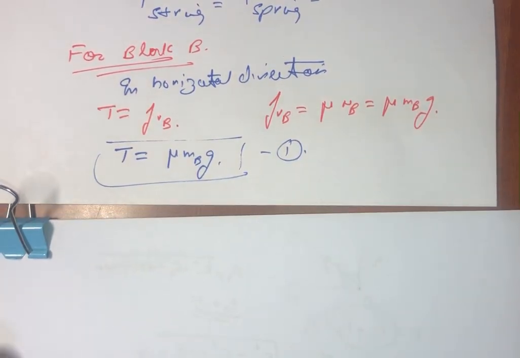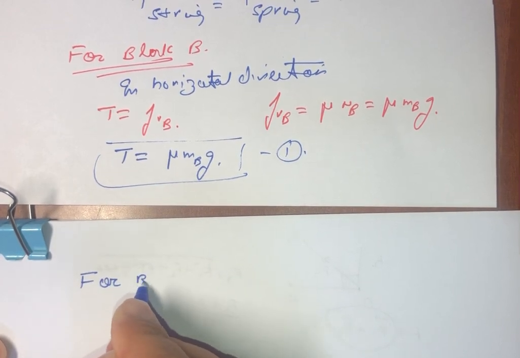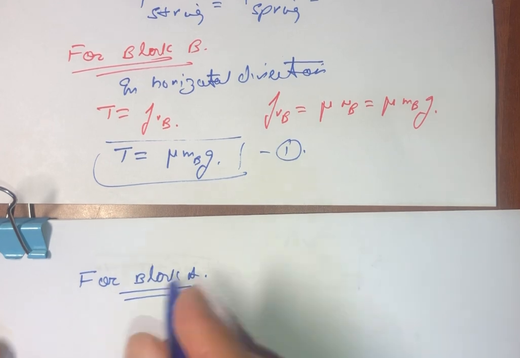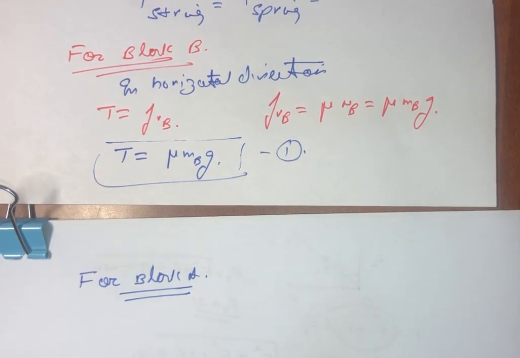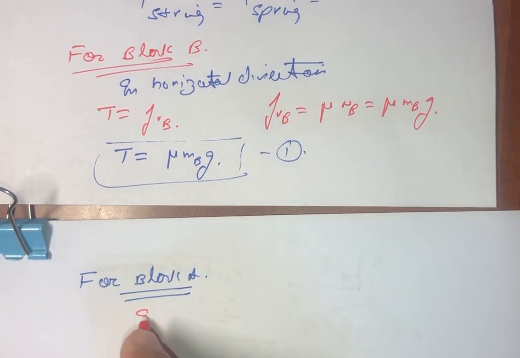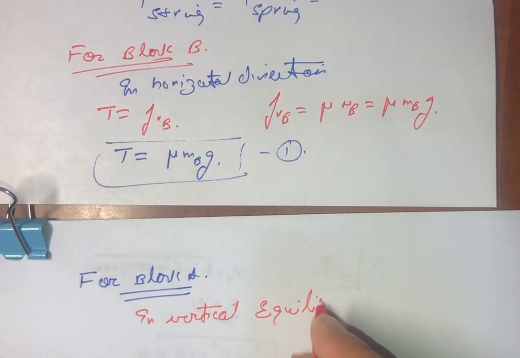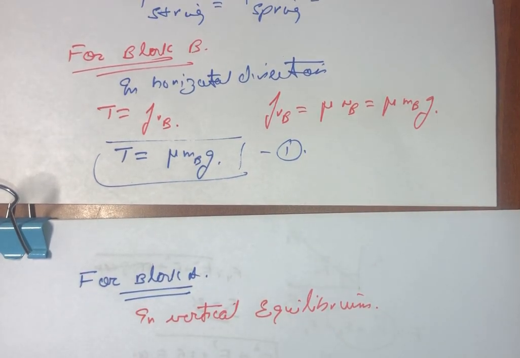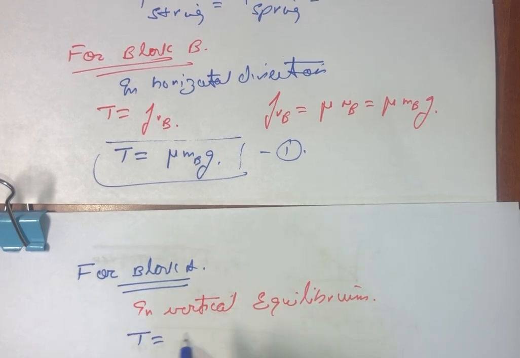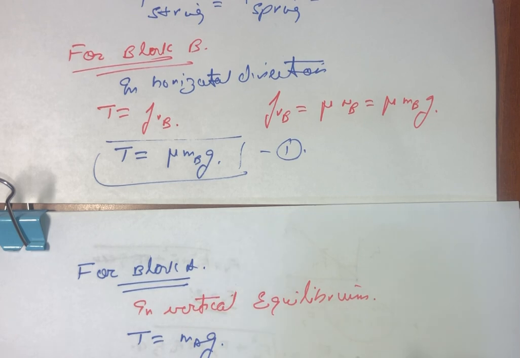Similarly, we can do it for block A. For block A, in vertical equilibrium, T will be equal to MAG, and T is equal to, we have an upward force also, FRA, and from here we can find the value of FRA.